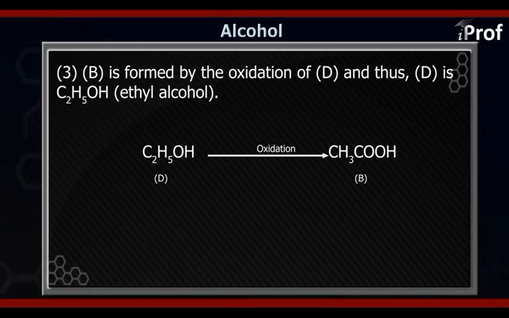Now because D on oxidation is forming B, if you reverse this reaction, that is the reduction of the carboxylic acid, you will straight away say that D has to be an alcohol, and because D alcohol is giving you B which is a 2-carbon carboxylic acid, therefore D should also be a 2-carbon alcohol, that can be only ethanol.